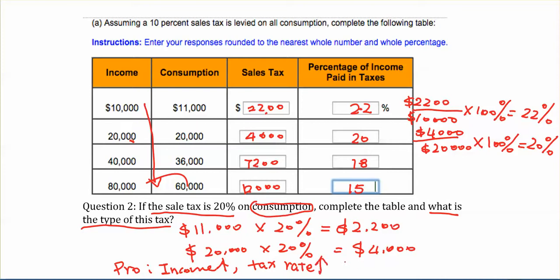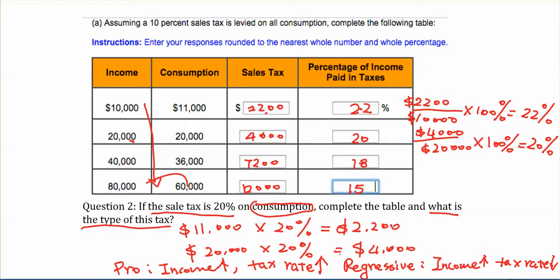If it is regressive tax, that means when your income increases, your tax rate will decrease. And the last one, the flat tax, means when your income increases, your tax rate never changes.